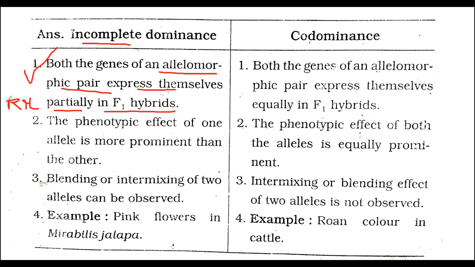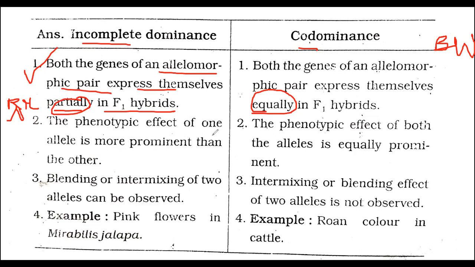That is why the color is neither red nor white. It is somewhere in between, sorry, pink. What happens in codominance? Both the genes of the allelomorphic pair, let's say B and capital W, express themselves equally. So this is the keyword you need to know for the difference: partially, incomplete, and equally.